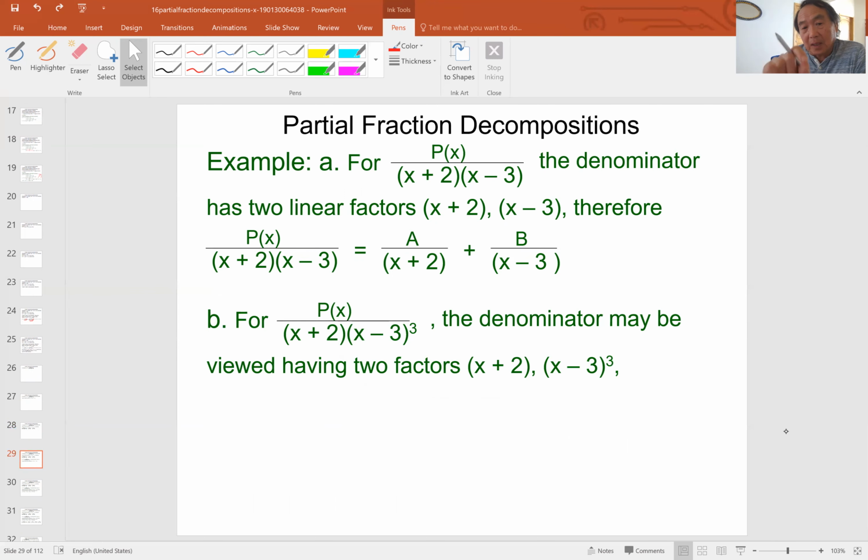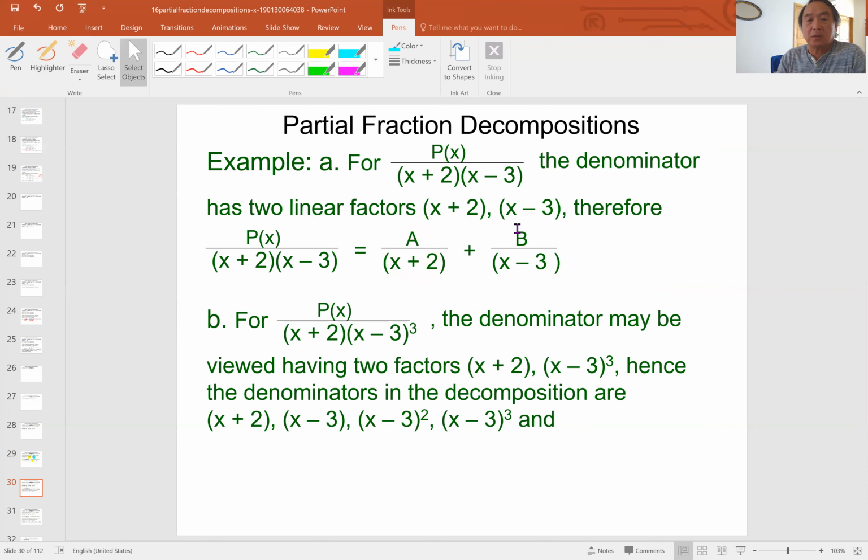Now, suppose I take one of the factors raised to a power, so that I now have two factors with the second factor to the third power. Now it breaks up into four terms. One, same as before, since x plus 2 is only first power, so you get one of that. Now, the other one, you have third power. You're going to need one that looks like this for each power.